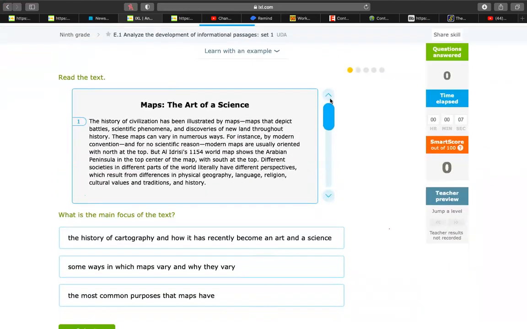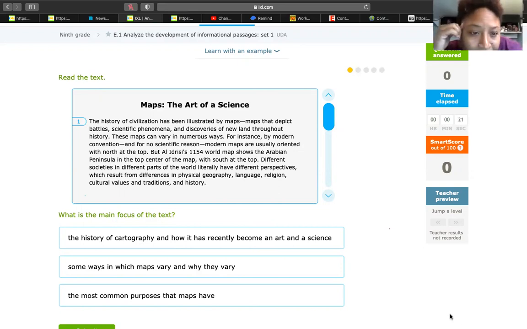Would somebody like to read Maps, the Art of Science? The history of civilization has been illustrated by maps. Maps that depict battles, scientific discoveries, and discoveries of new land throughout history. These maps can vary in numerous ways. For instance, by modern convention and for no scientific reason, modern maps are usually oriented with north at the top.